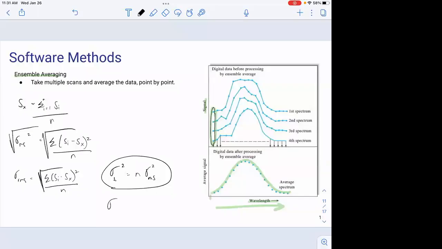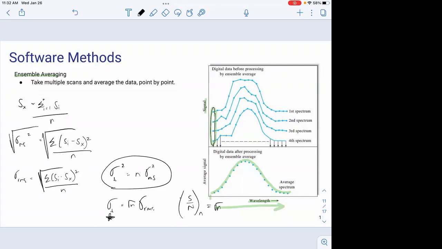If I take the square root on both sides, I'll end up with the square root of n multiplied by RMS. I can do some fancy algebra and say that the total noise that I'm seeing I can represent as signal to noise across n spectra.